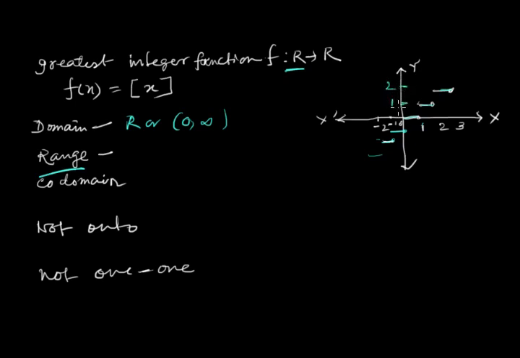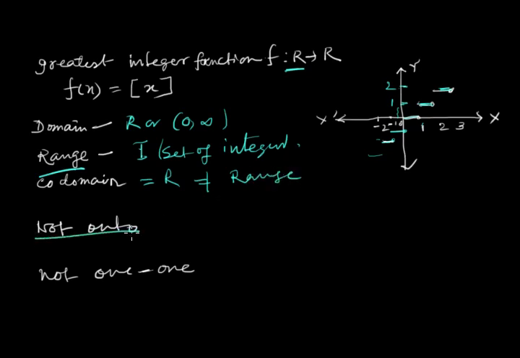So between 0 and 1, no values of y. Between 1 and 2, no values of y. So the range is the set of integers. And the codomain is R, therefore the codomain is not equal to the range.